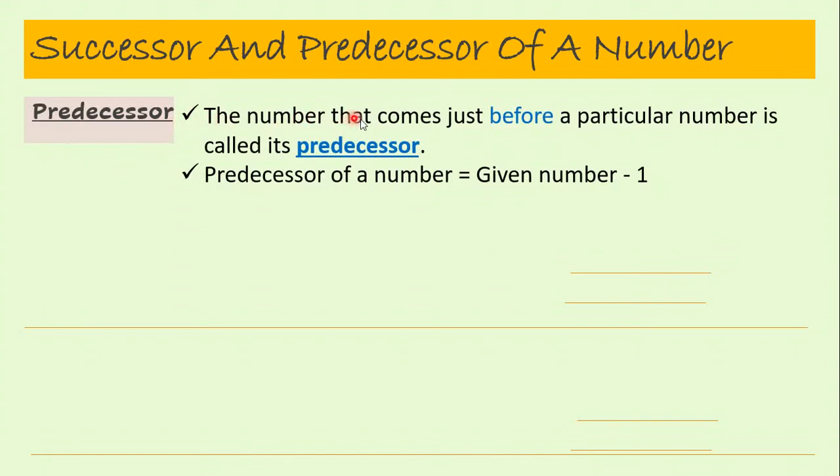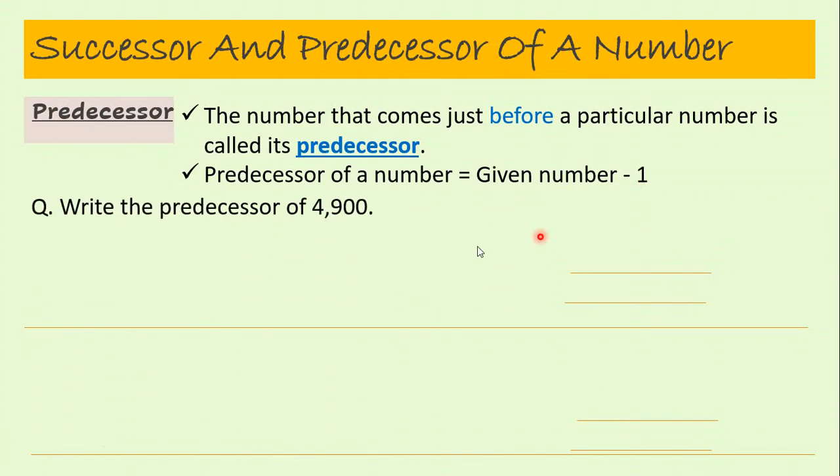The number that comes just before a particular number is called as its predecessor. So, predecessor of a given number is equals to the given number less 1, means minus 1. We need to subtract 1 from the given number to get the before number, and we know that before number is the predecessor.